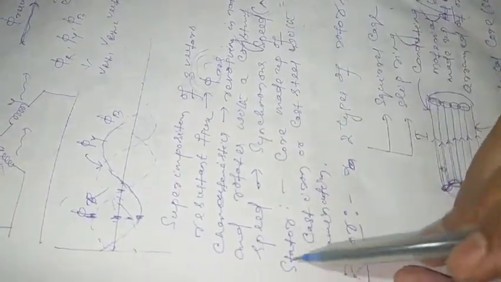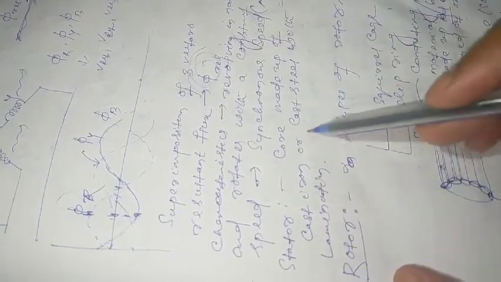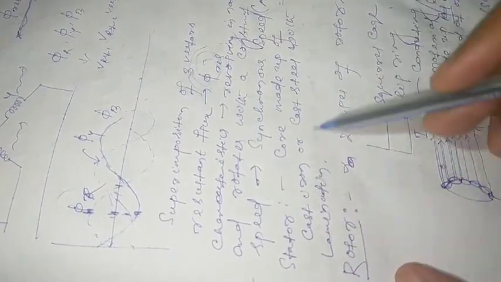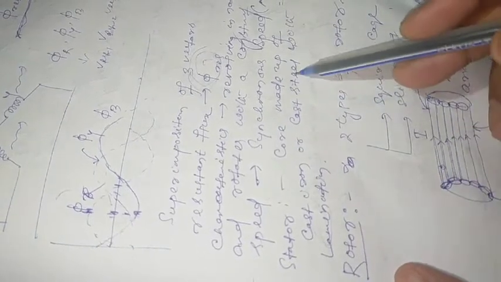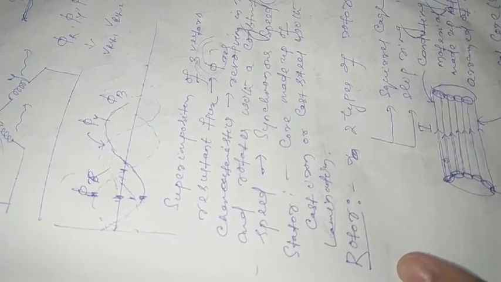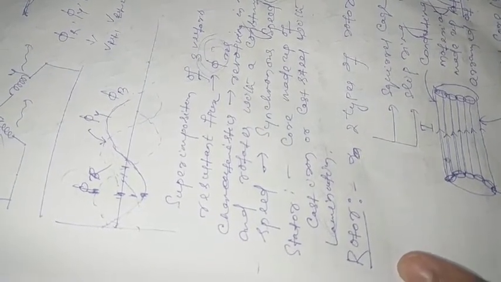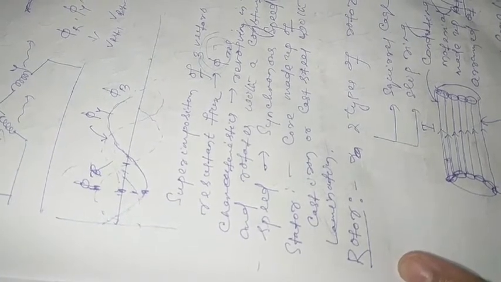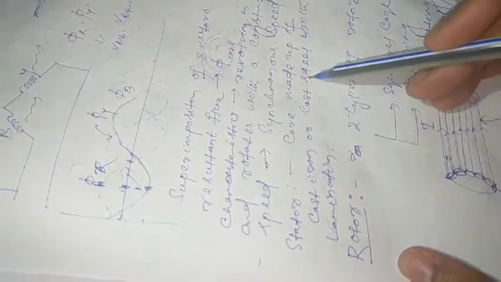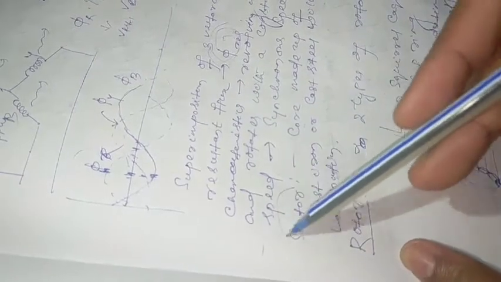Next, the material of the stator is generally made of cast iron or cast steel. These are ferromagnetic materials having very high permeability and low reluctance, like the materials used in a DC generator, motor, or transformer. Clear? Which material? Stator. Why? Because whenever the flux develops, it will link to the stator.